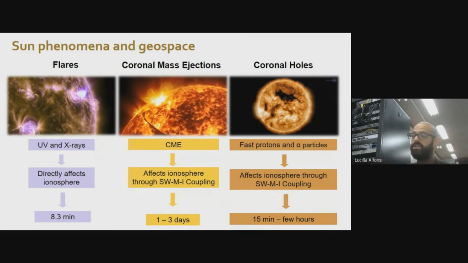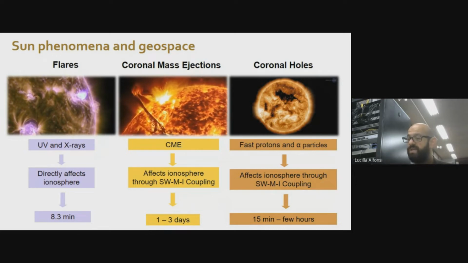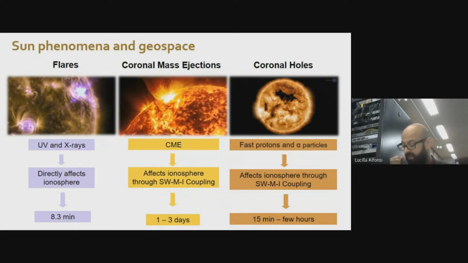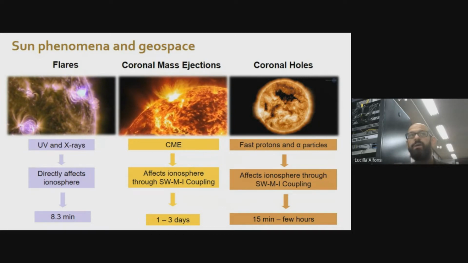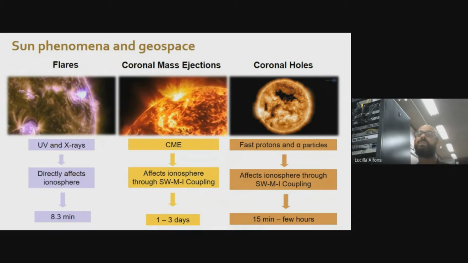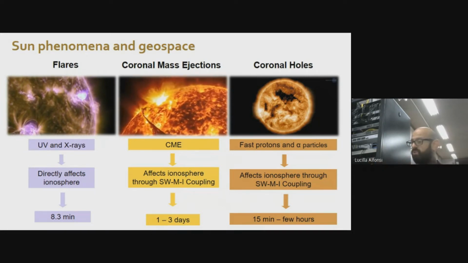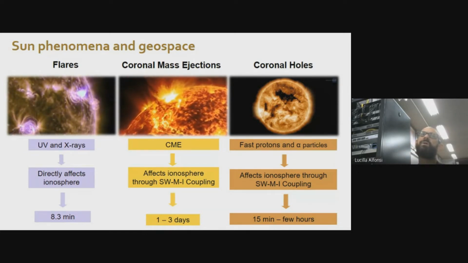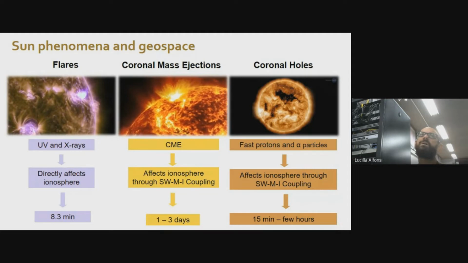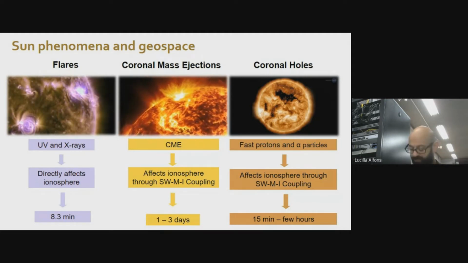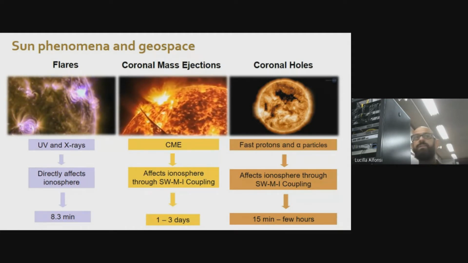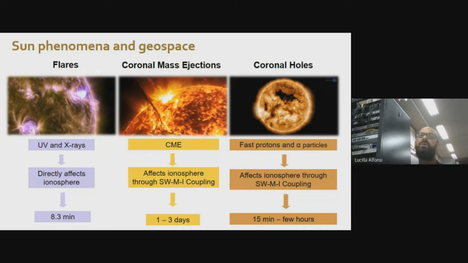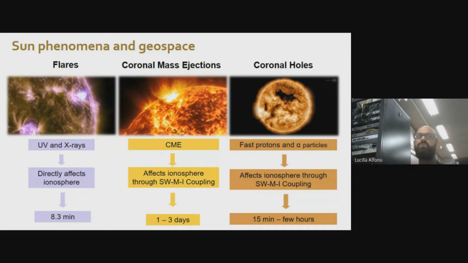So the radiation reaches directly the ionosphere, inducing an additional ionization in the ionosphere with respect to the background.